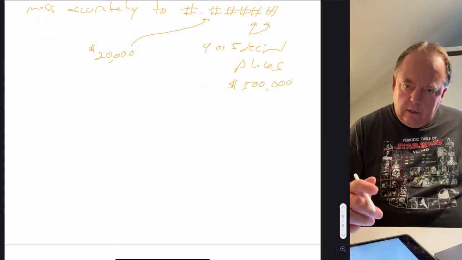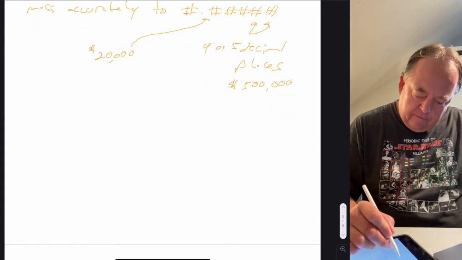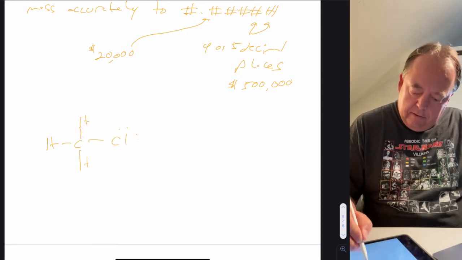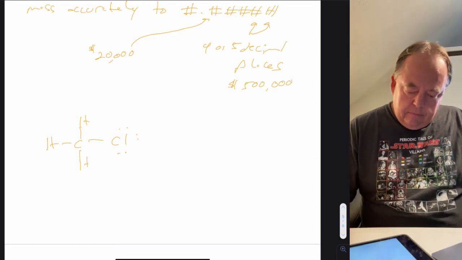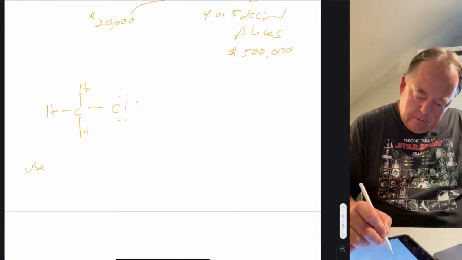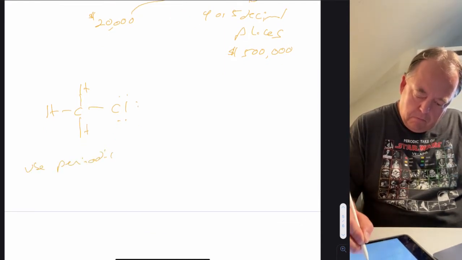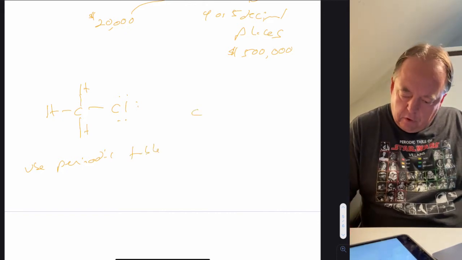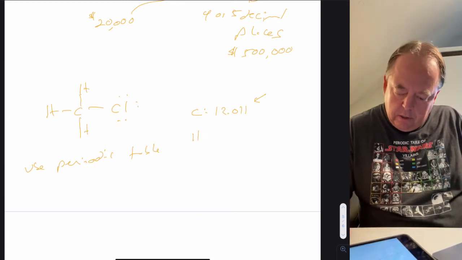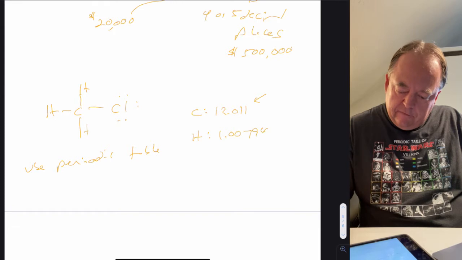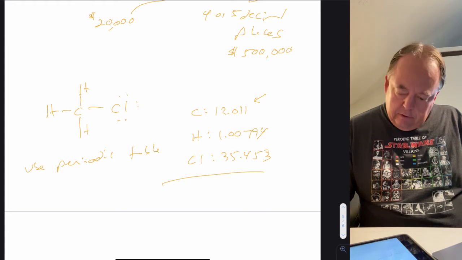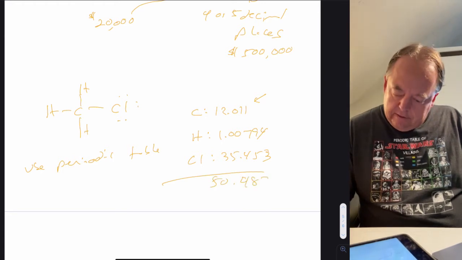Okay, so let's say a little bit more about what you get from mass spec. Let's say you did a mass spec on chloromethane. If you just use the periodic table and calculate the mass, the mass of carbon is 12.011, hydrogen's is 1.007794, and chlorine's is 35.453, so 50.4878, right?